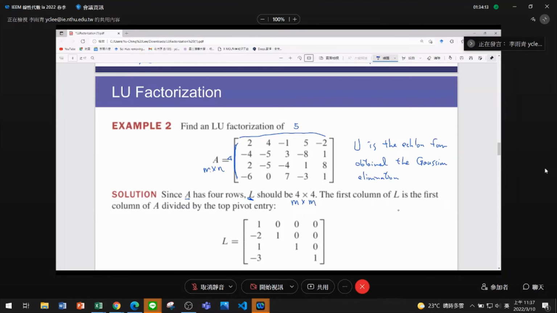The first column of L should be the first column of A divided by the top pivot entry, because we're going to make the diagonal elements 1. So we divide the entire column by 2, and we obtain the first column of the L matrix.